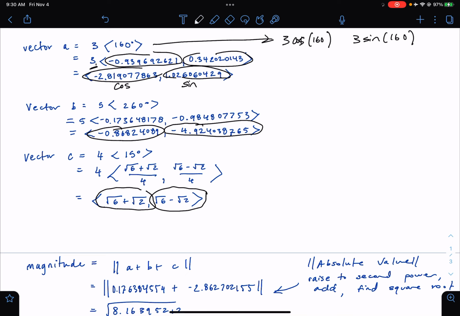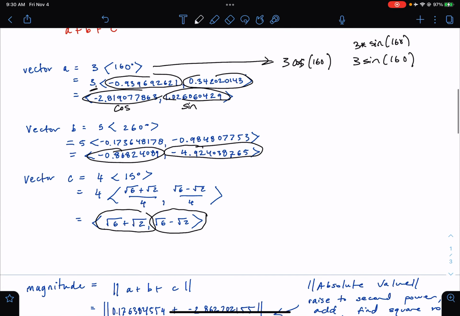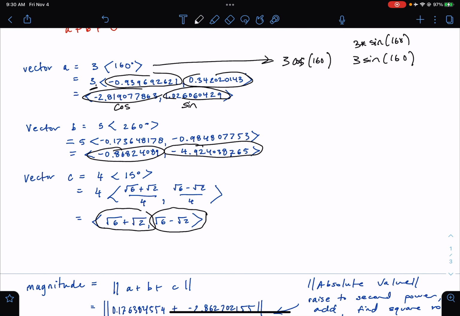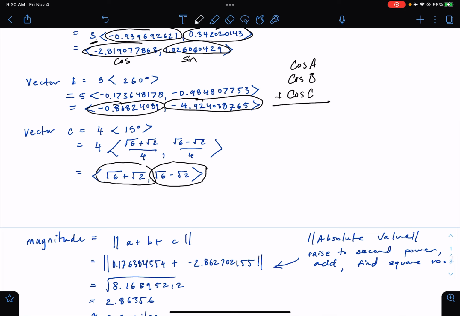So with all of this information, once I had the x and y values for all 3 vectors, I essentially added all 3. So I did cosine of A, cosine of vector B, cosine of vector C. I added all of them, and then it gave me a value.